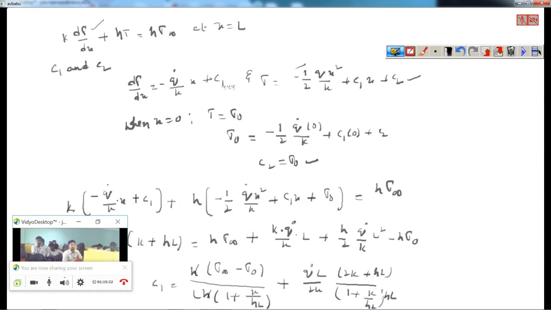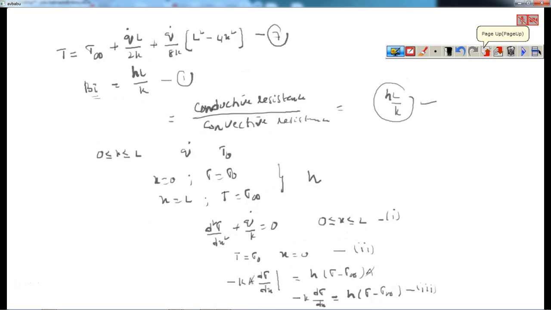Where we got it. One more slide. Yes, this is the effect of Biot number. Here, Biot number is defined as hL by k. The region I have selected is 0 less than or equal to x less than or equal to L. This is a slab.